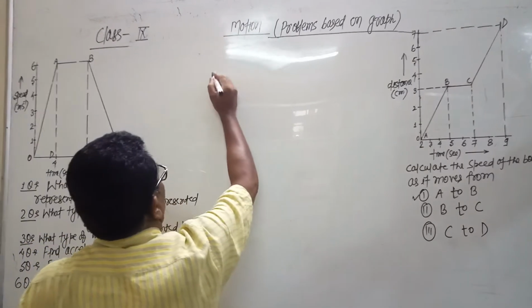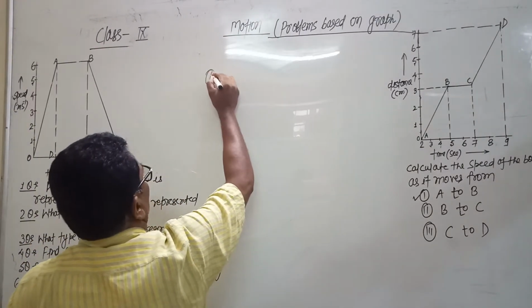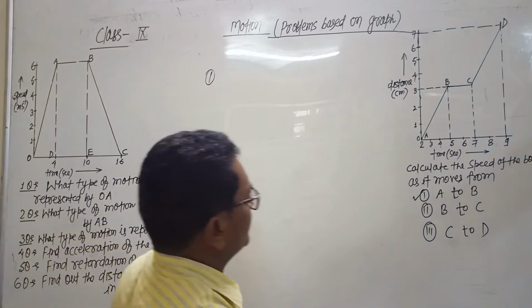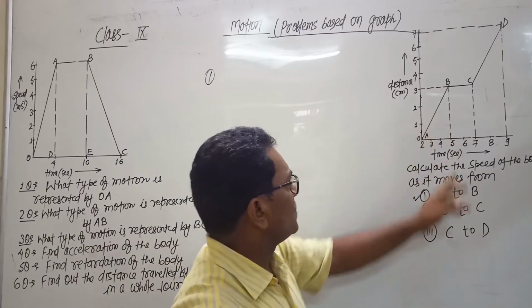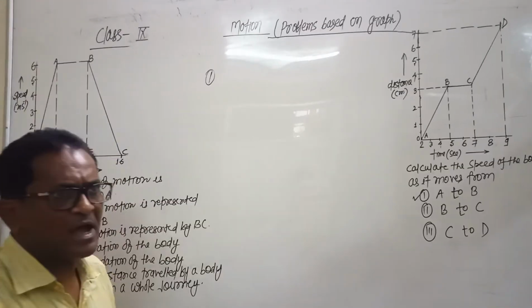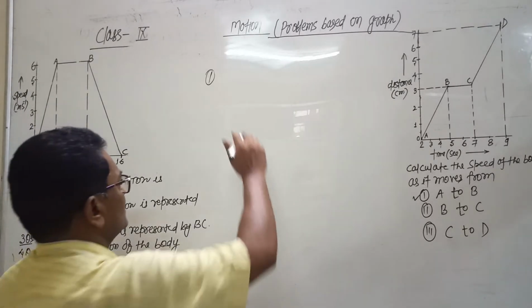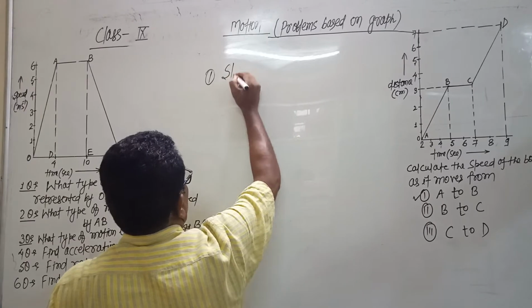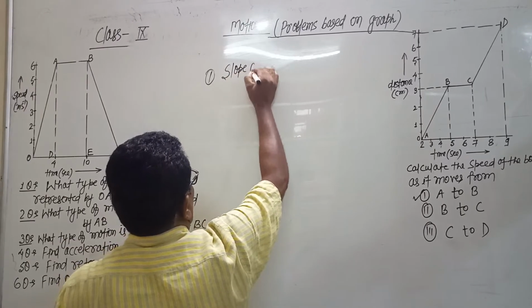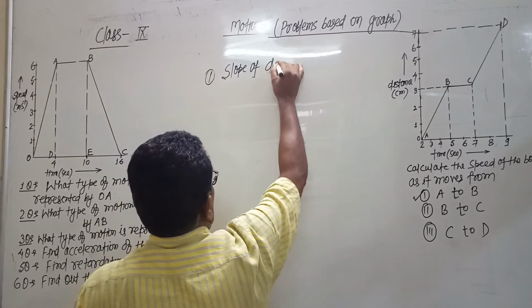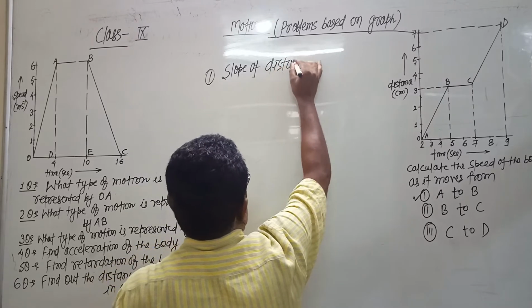In the previous video we have seen that the slope of a distance time graph gives the expression for speed.